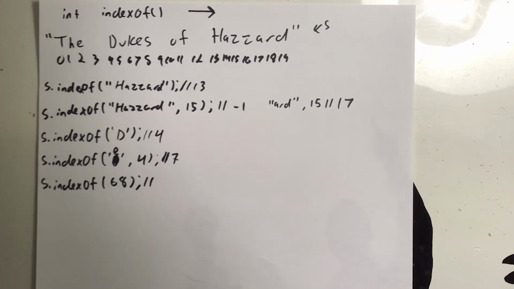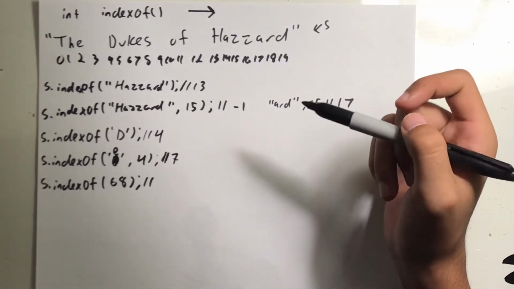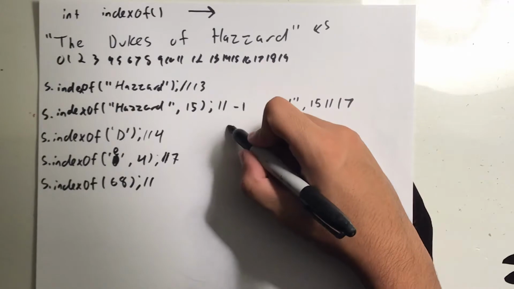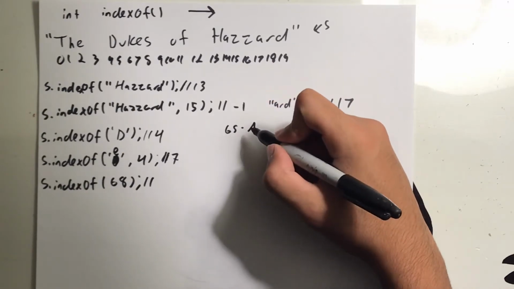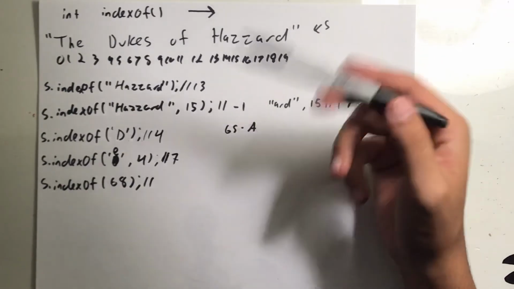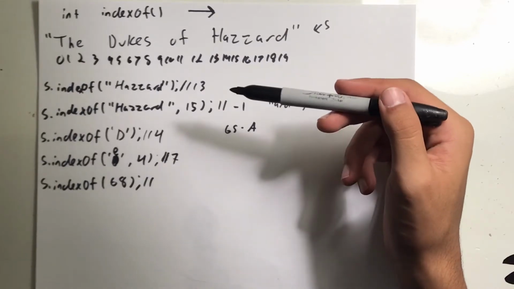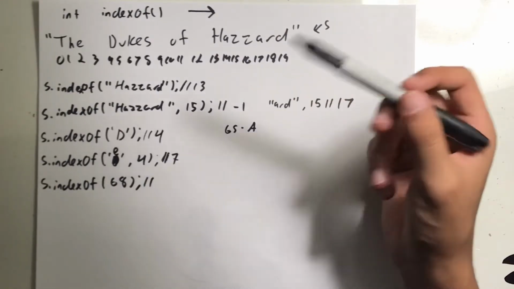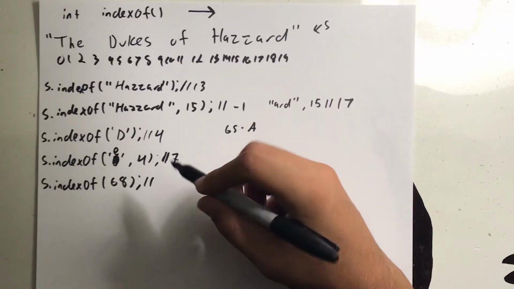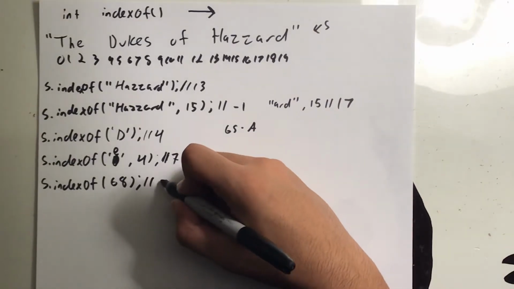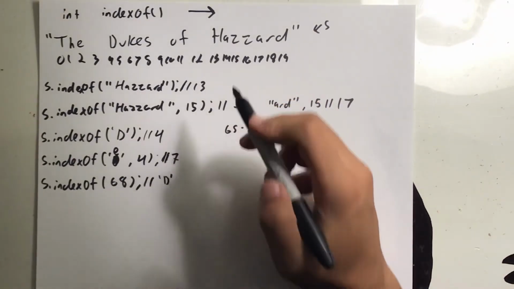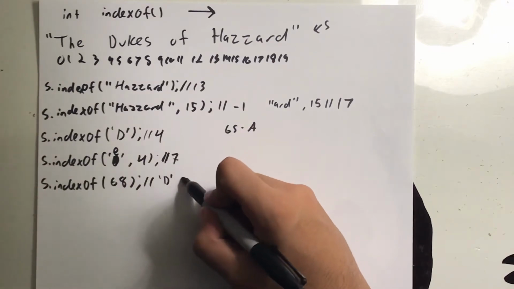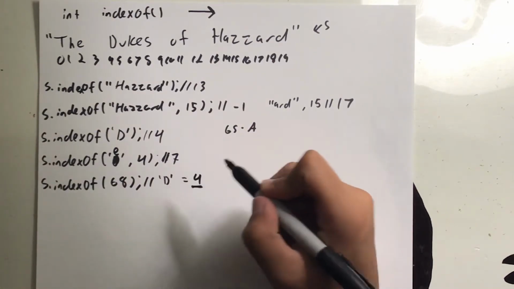So let's read S dot index of 68. Well, I know that 65 is A, which means 66 is B, 67 is C, and 68 is D, or capital D. So we're going to look for the first instance of capital D. The first instance of capital D is at 4. So the answer is going to be 4.